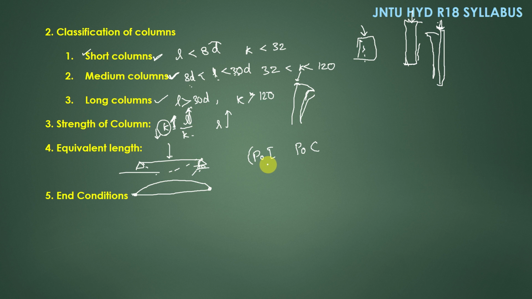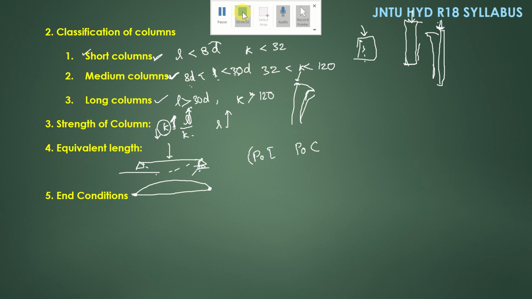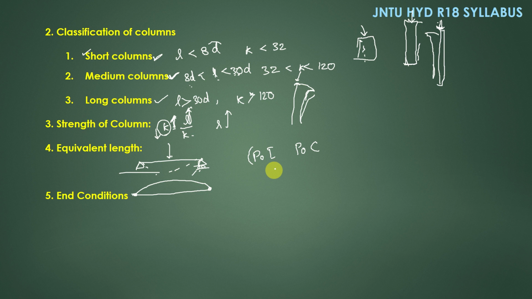It is the distance between 2 points of inflection. For example, a simply supported beam has 2 points of inflection. A point of inflection is nothing but where this bending moment diagram touches zero. That point is known as a point of inflection.